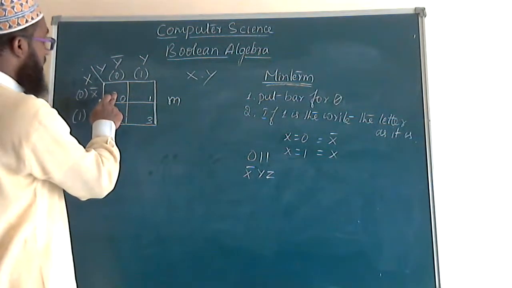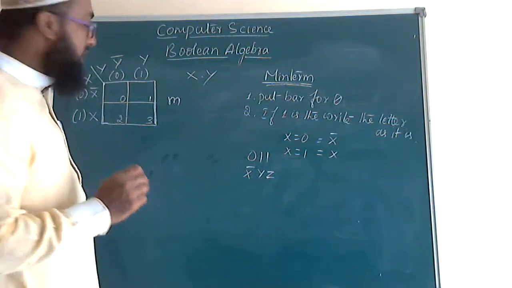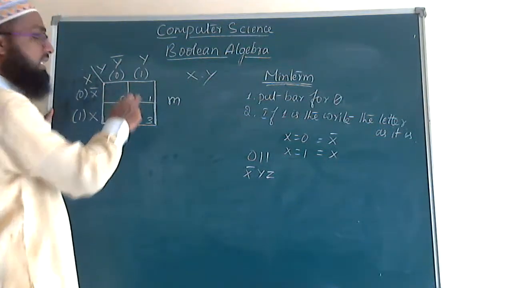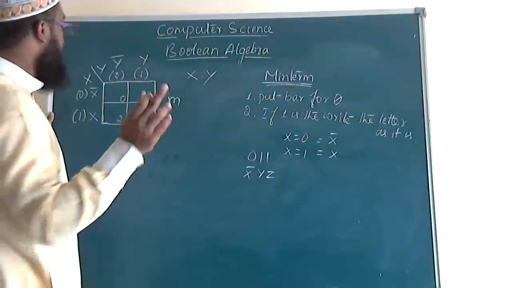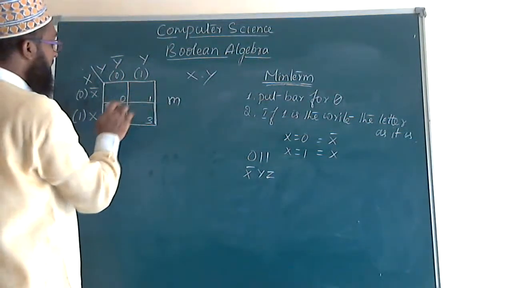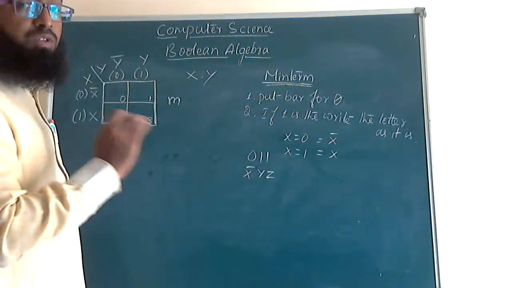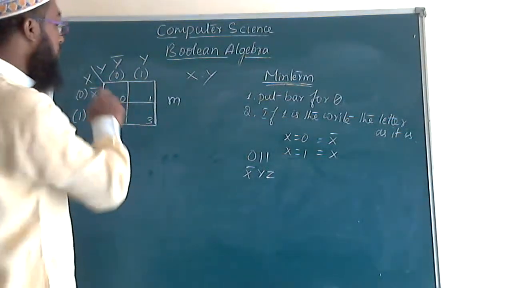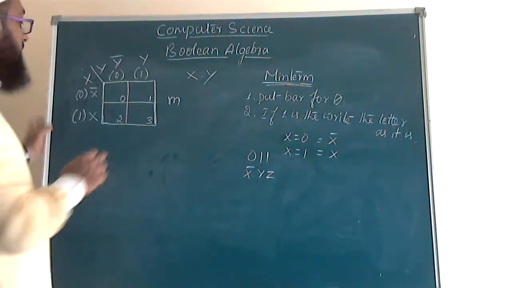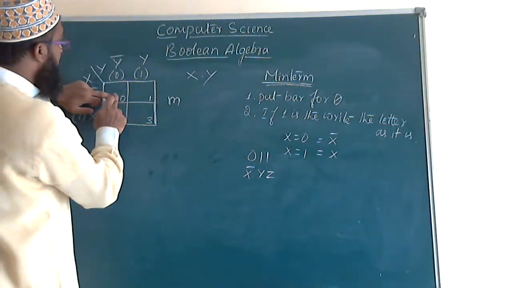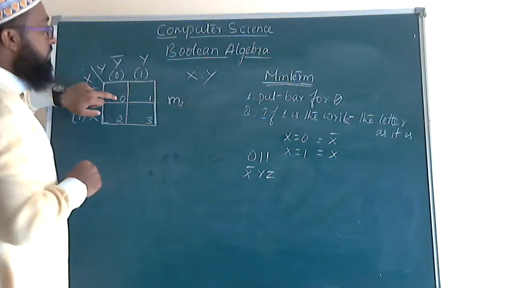So for each box, according to the Karnaugh map definition, each square represents a min term. Always it will represent a min term. So these squares have to be given numbers and we have to give a name for each square. Look here, 0 is there, so the first square will become m0.